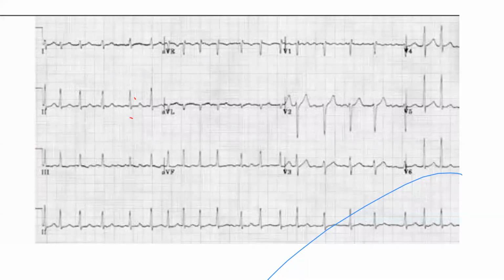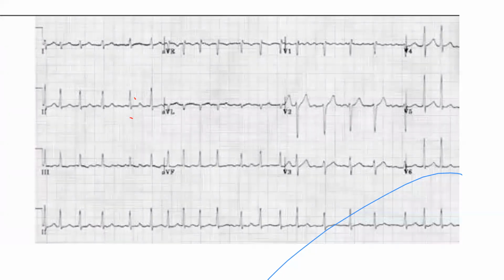How to calculate the rate in this ECG? As the rhythm is not regular, I will count 10 large squares, then divide the number of R waves by 6.